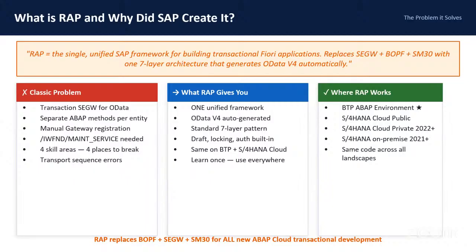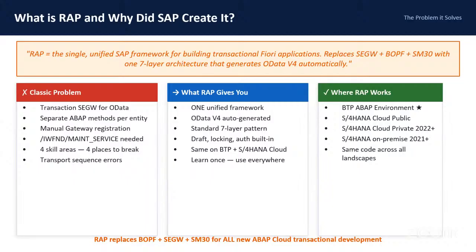Fourth, enterprise-grade features are built in at zero additional effort, like logging handled by the behavior definition, draft saving, and row-level authorizations. All this would take weeks to build in custom classical development, but in RAP these are configuration decisions that happen automatically.